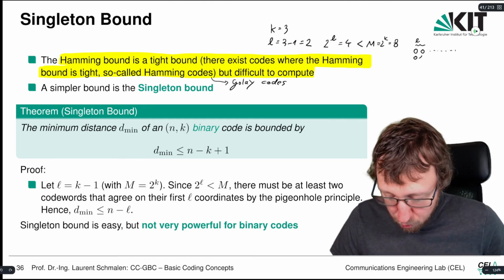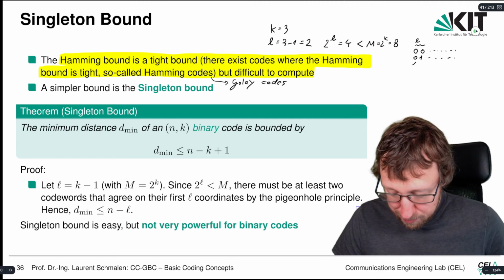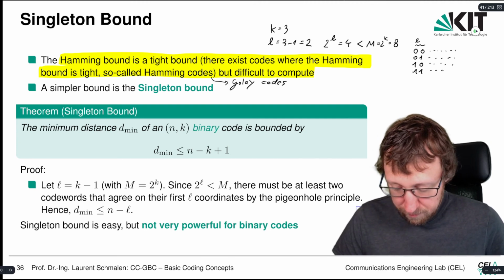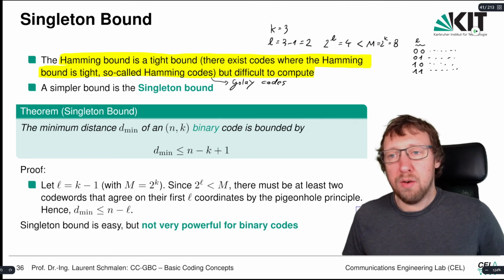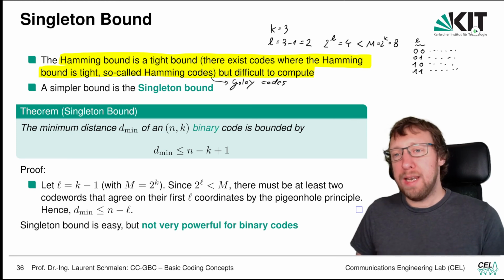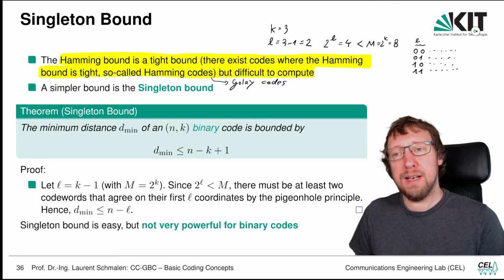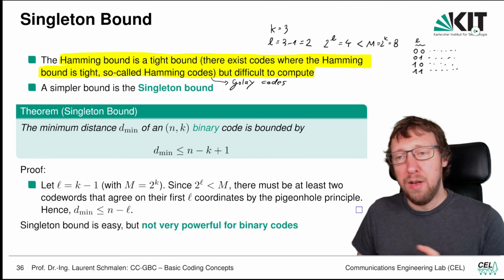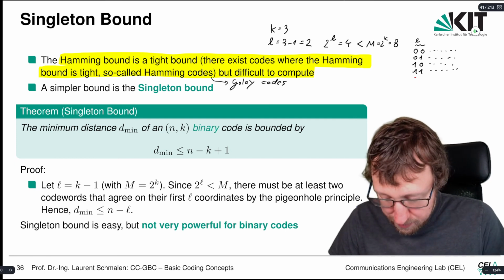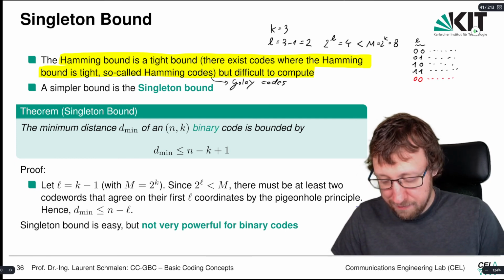So we want the first L positions to be distinct. So now we have 4 code words, and now it doesn't work anymore. Now we need to choose a code word that in the first L positions has a value that has already been used. So for instance, let's start over, 0, 0 again.